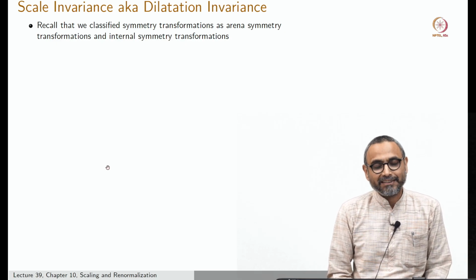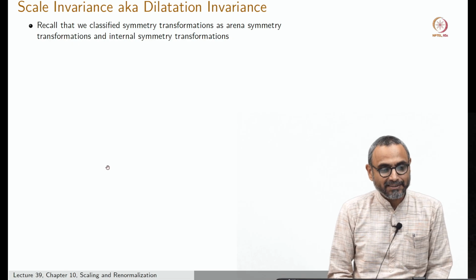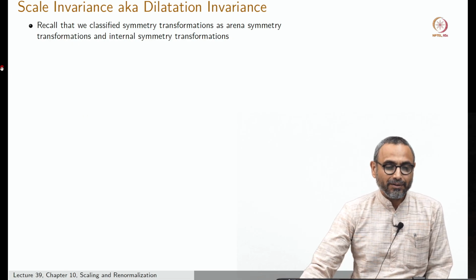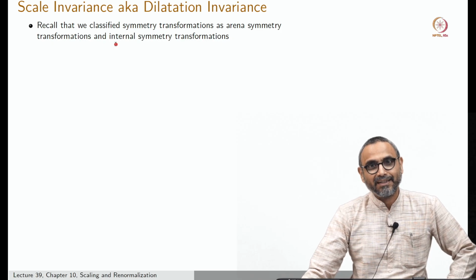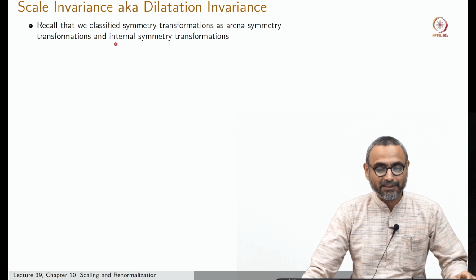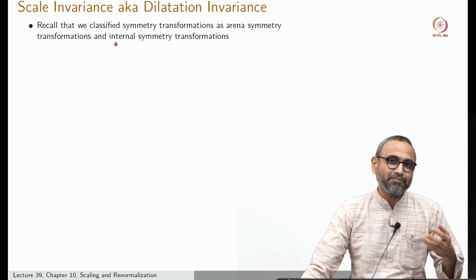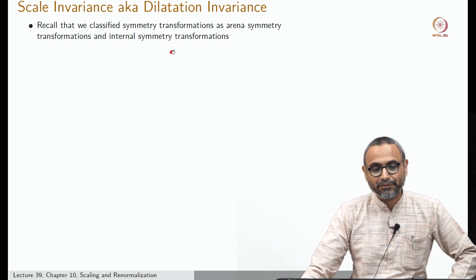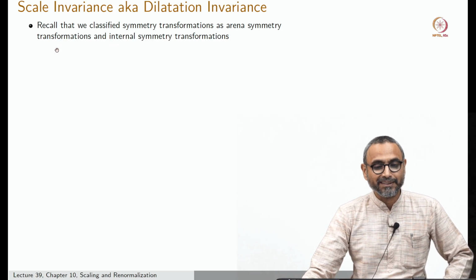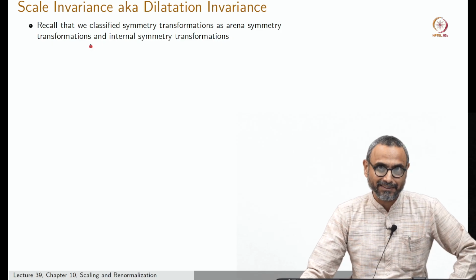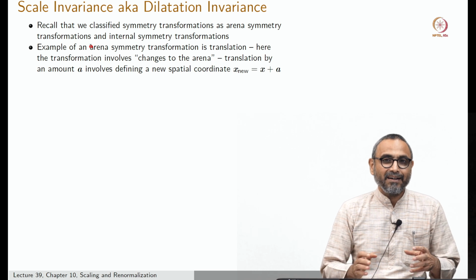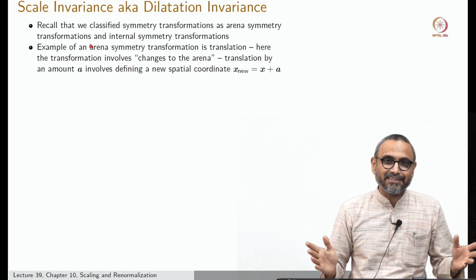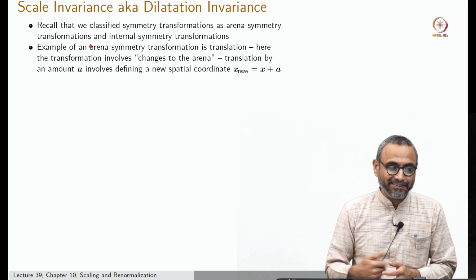So scale invariance is also called dilatation invariance, and recall that when we discussed different types of symmetry transformations very early on in the course, for practical reasons we classified them as arena symmetry transformations and internal symmetry transformations. For example, a very standard arena symmetry transformation is translation.